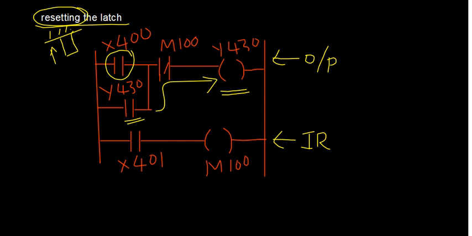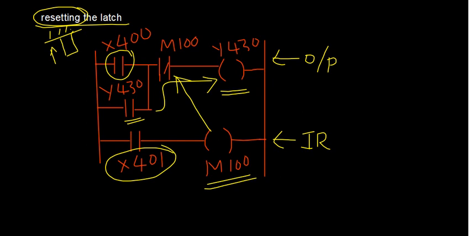So now when the second input is closed, which is this one, that is X401, the internal relay M100 gets energized. When it gets energized, this normally closed contact gets opened now.